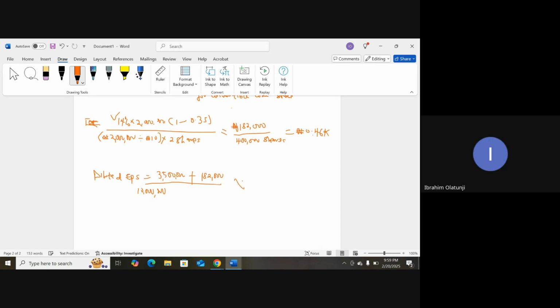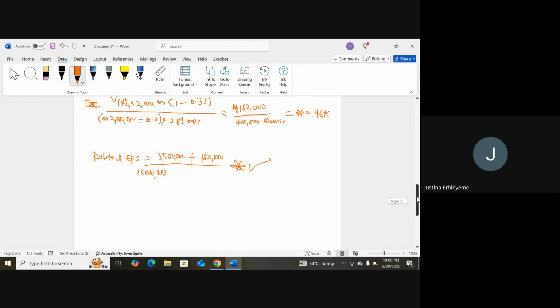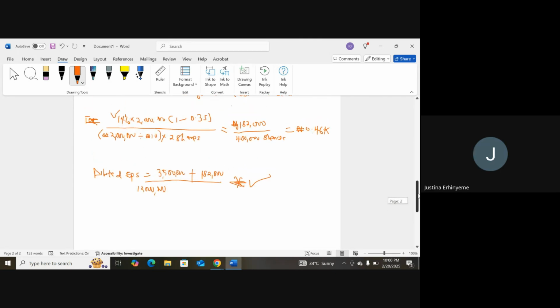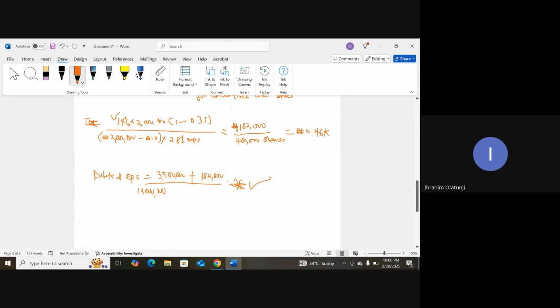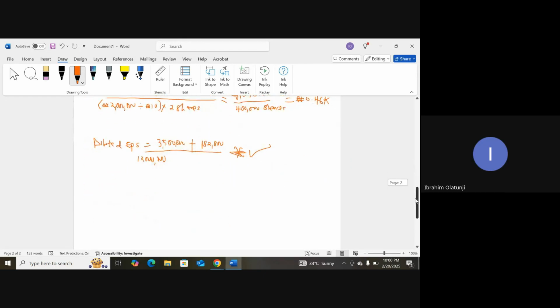So you don't need to calculate diluted EPS. That's the logic. Is it clear? You don't need to calculate diluted EPS for that 14% convertible loan stock, because the test for dilution is higher than your basic EPS.